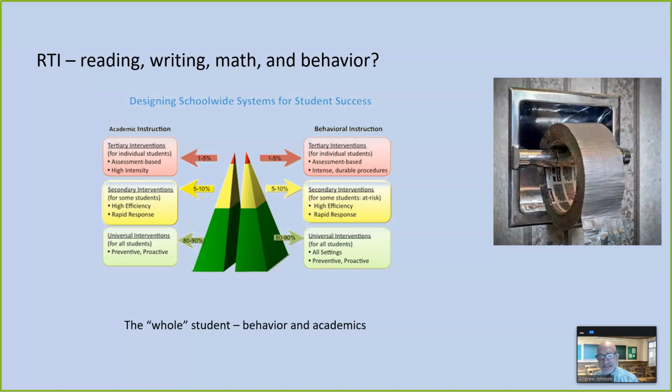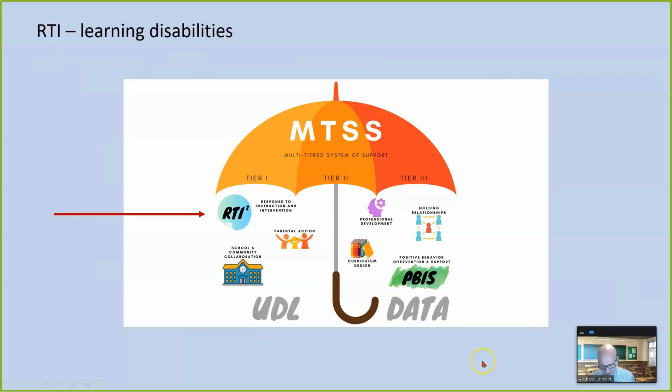Behaviors are an effect of something else. To try to duct tape over the effect without addressing the cause demonstrates imperfect thinking. RTI is about learning disabilities. It was designed for learning disabilities, not disorders of emotions or behaviors.